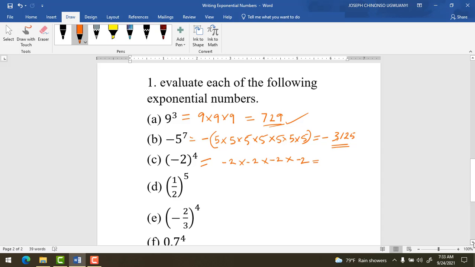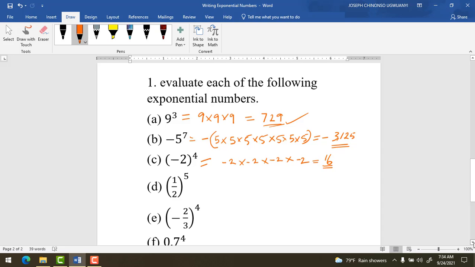So what do we have here? 2 times 2, 4, 4 times 2, 8, 8 times 2, 16. Minus times minus is plus, plus times minus is minus, minus times minus is plus. So we have plus 16. The answer is simply 16.